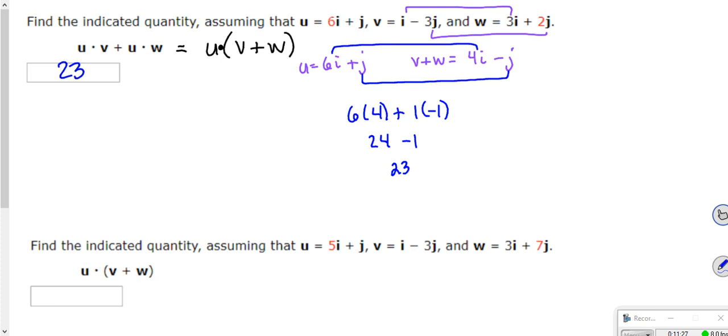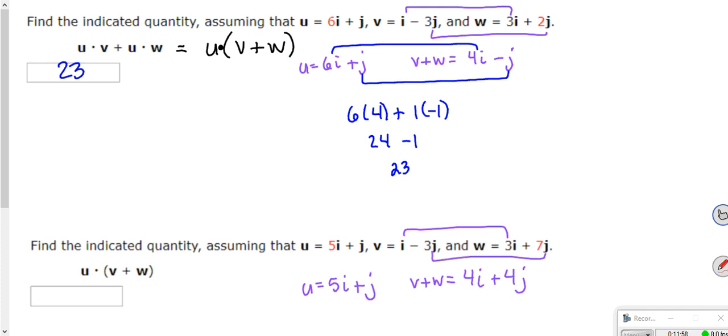And down here, they already kind of did it for us. So again, let's combine my i's and j's. Here I'm adding them, I'm not doing dot products here, but i and 3i, so this is v plus w, gives me 4i once again. Negative 3j plus 7j gives me positive 4j. And again, I'm just going to recopy my u.